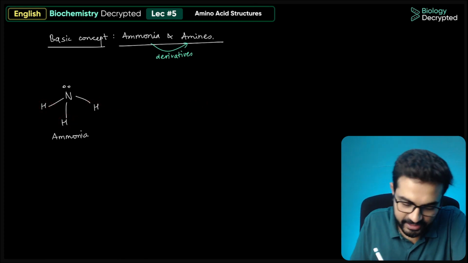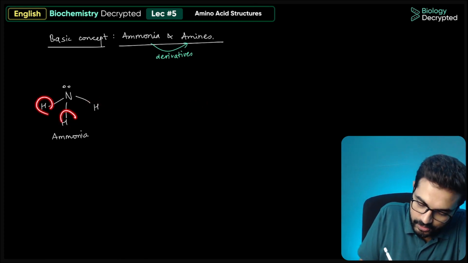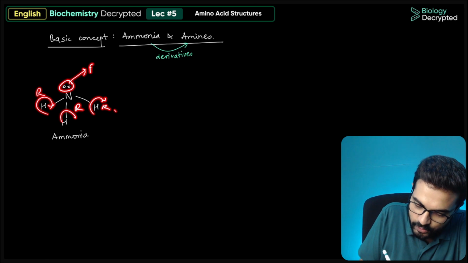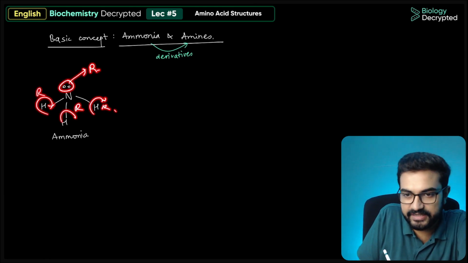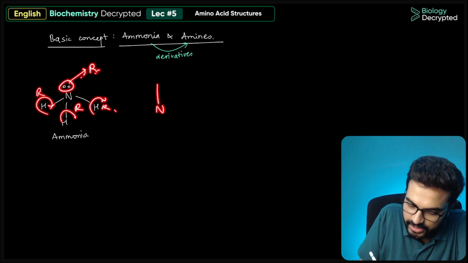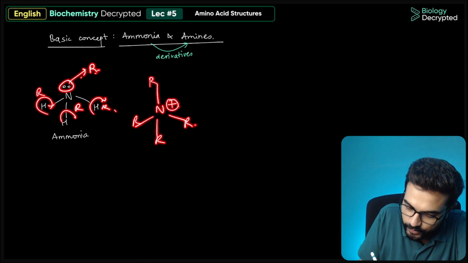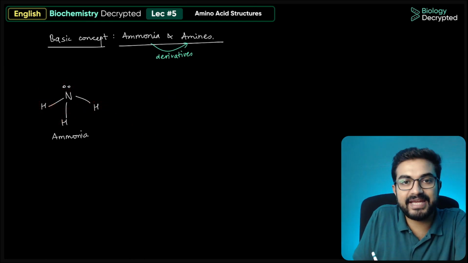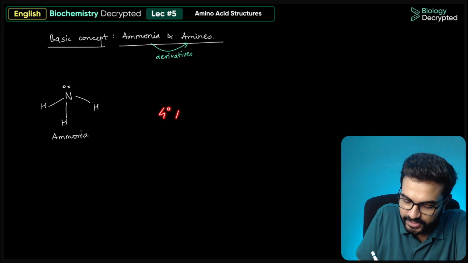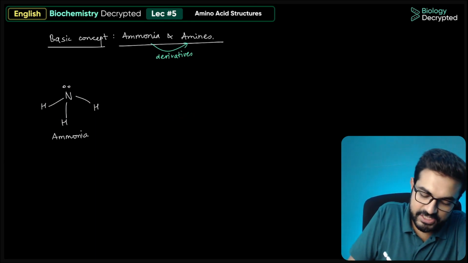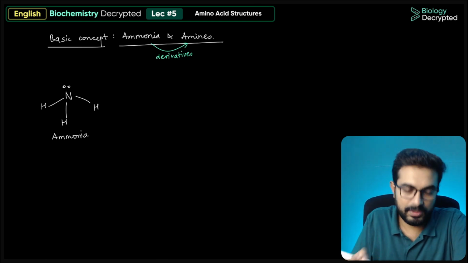And finally, if we replace all three H's with R, and then the lone pair is given to another R group, which gets attached to it, then nitrogen is attached to 4 R groups, and therefore nitrogen eventually carries a positive charge. This is an example of a quaternary amine. So there are different types of amine possible. Let's talk about each of them one by one.